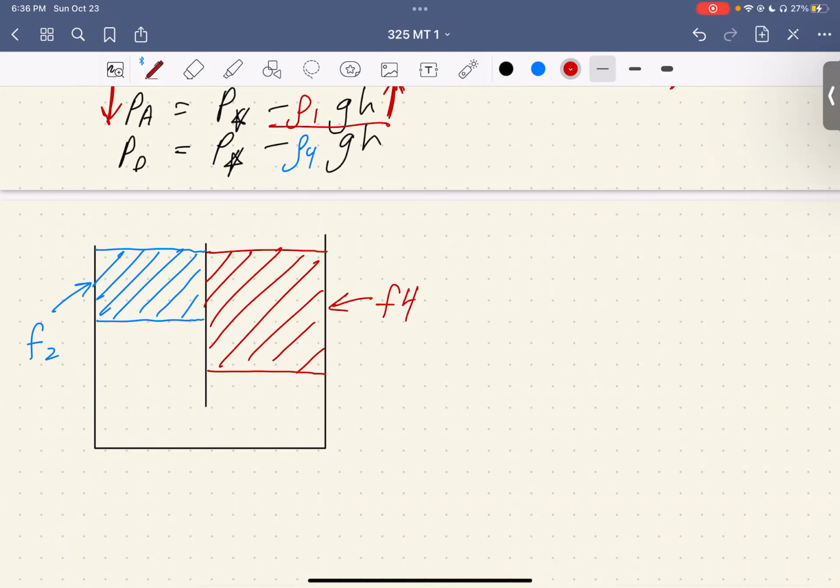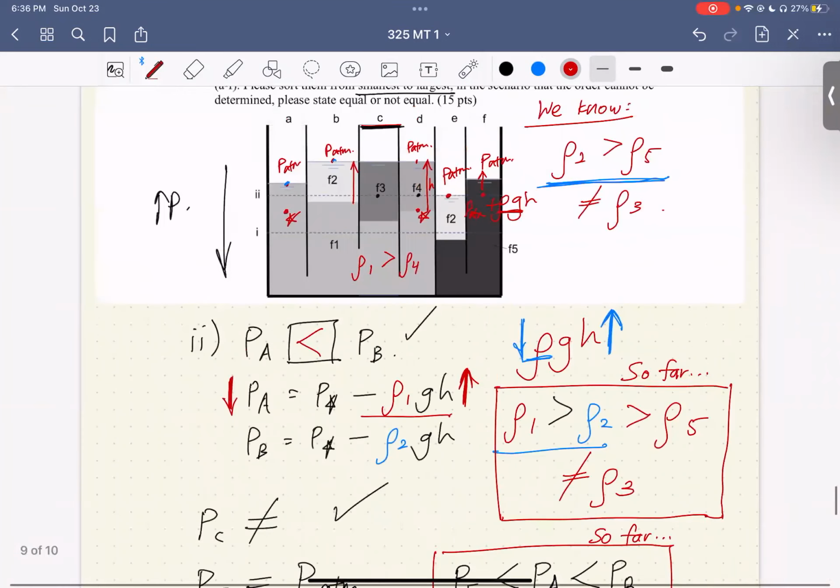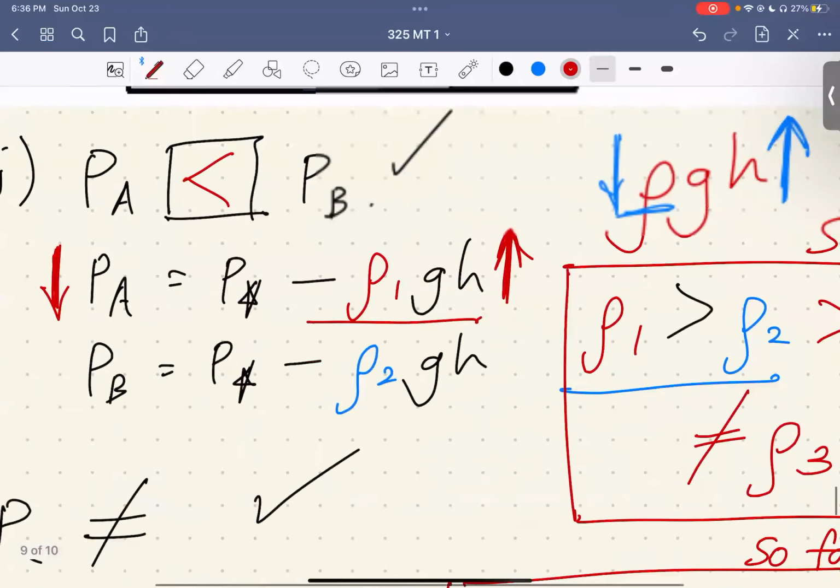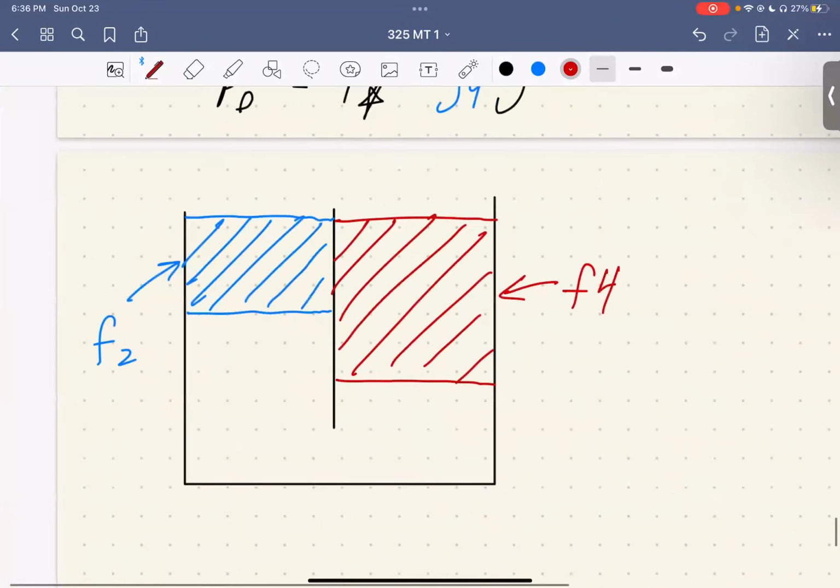There we go. I just drew B and D right over here. We can see that's the same height right here. So what I did was I just moved this over here so we can see.